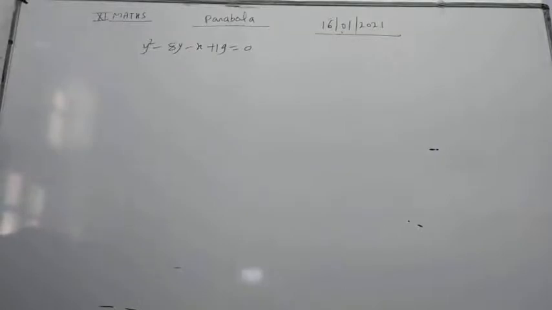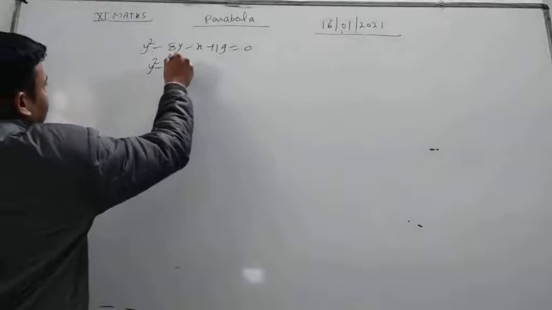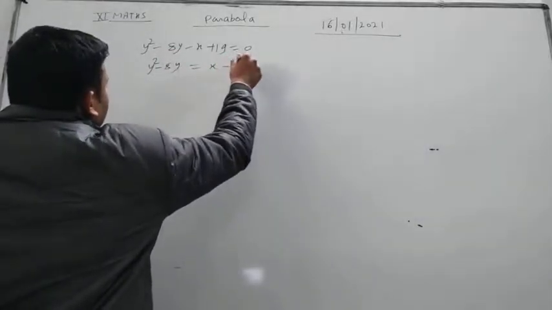Then student, find the vertex, axis, focus and directrix, latus rectum of the following parabola. Okay, student. So first of all, we make this equation in the form of parabola. So we write y square minus 8y is equal to x minus 19.